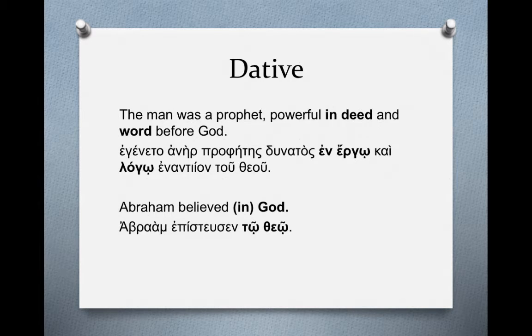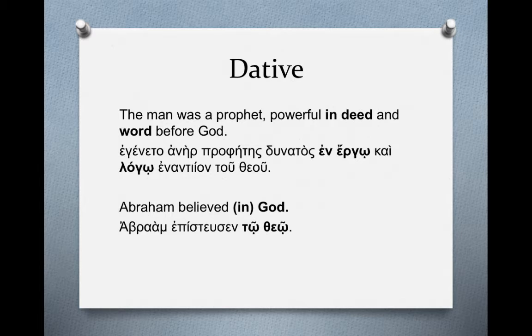Here's another example. Abraham believed in God. In this case, the dative is really functioning like the direct object, isn't it? Abraham believed in God. Now, you might also say, well, it could be functioning like a prepositional phrase, perhaps. Probably more technically, it's the direct object, and the dative often functions that way.